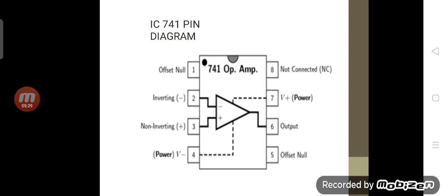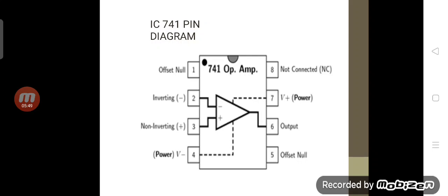See the pin diagram of IC 741 with 8 pins. Out of those 8 pins, only 7 pins are used. Out of those 7 pins, 4 pins are for input and 1 for output. Hence, the name of this IC is 741. Pin number 6 is for output.